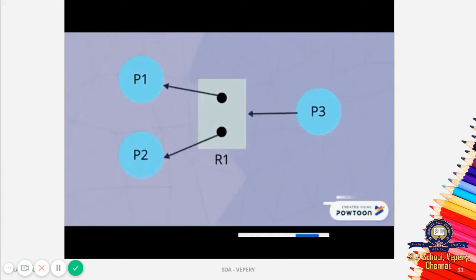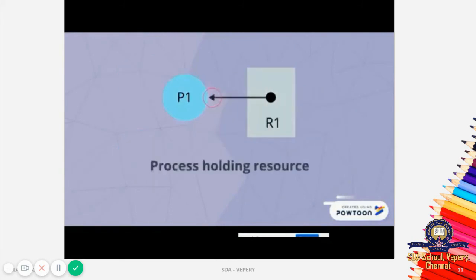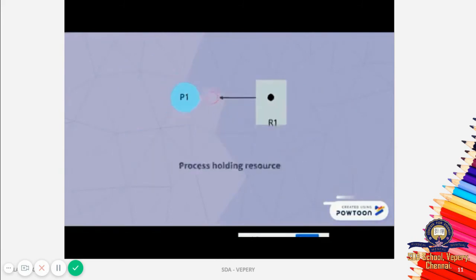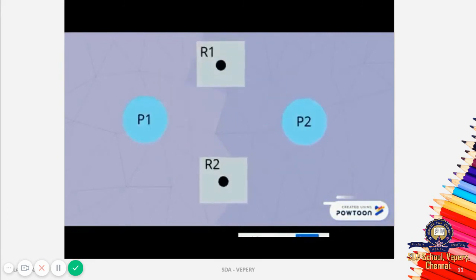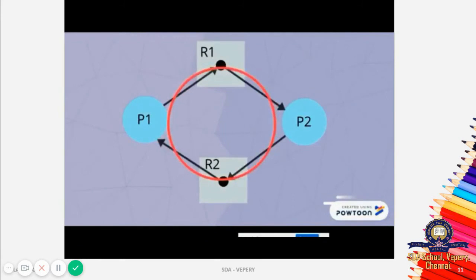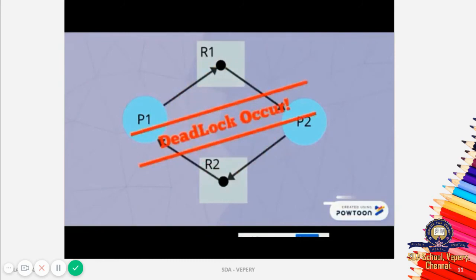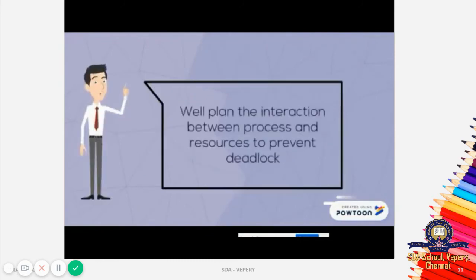Now see this, process 3 has to wait. Process 1 is already holding R1. Process 3 needs resource 1. If it needs resource 1, what does it have to do? Look at this chain. What did I say? This chain says deadlock. Process 1, resource 1.